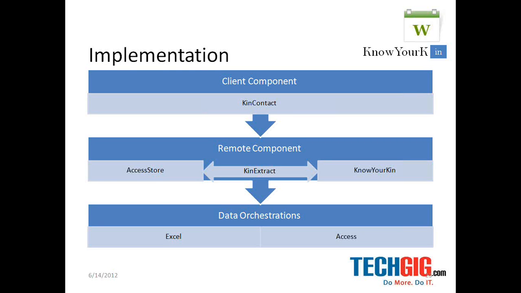It calls the KIN extract component, which has a link itself, and which calls the actual resources at the Access Store and the Know Your KIN resource. So these are all the extraction resources, which are contacted by the KIN extract component.